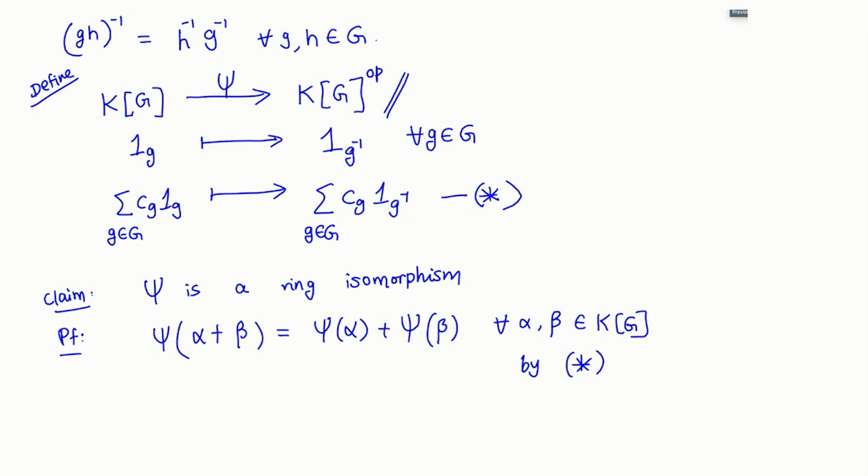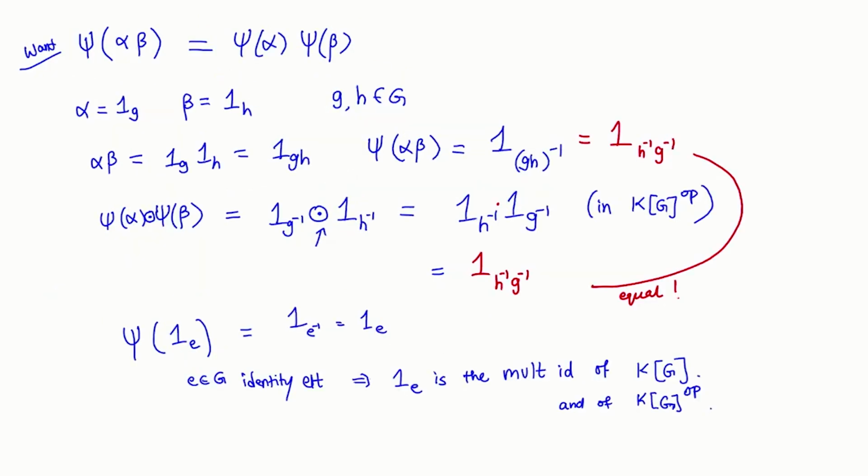And what does that mean? As a consequence, we will see later that right modules for kG op and left modules of kG are the same thing. So if your ring is kG, then right kG modules and left kG modules are really the same thing, because you can use this isomorphism to take a left module over kG and convert it into a module over kG op.